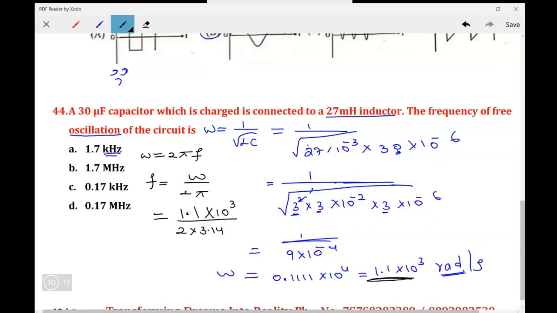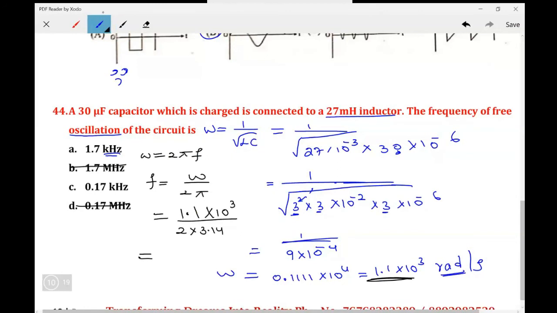If you reduce this, you get to know the answer will be in kilohertz, no doubt about it. Some options get ruled out, because these two are in megahertz.